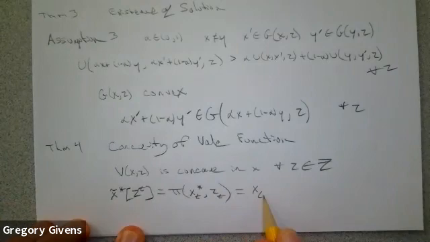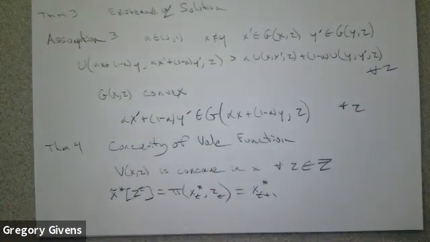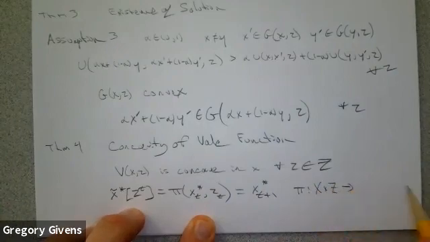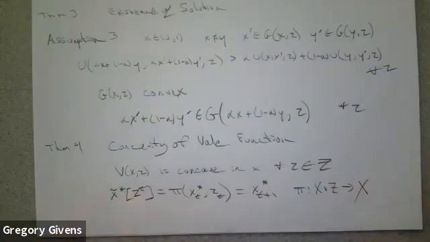That is, the optimal value of x t plus 1 is equal to pi of x t, z t, where pi is a continuous function that maps elements of big X times big Z into big X.